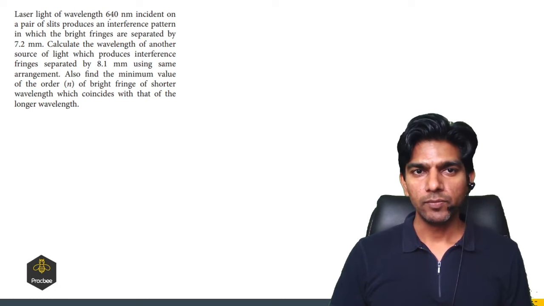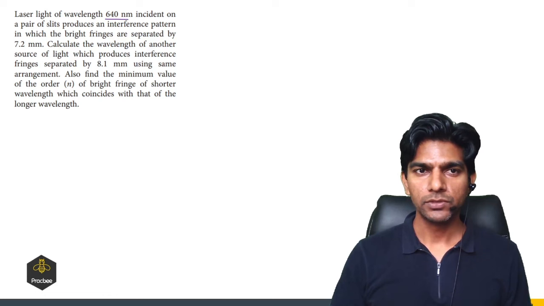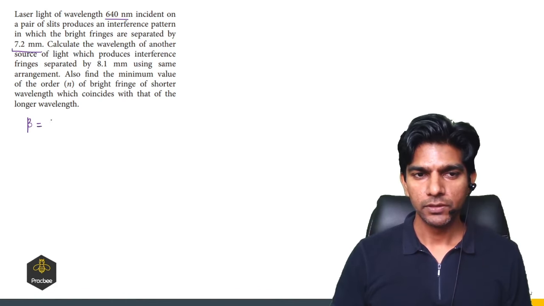Now, laser light of wavelength 640 nanometer incident on a pair of slits produces an interference pattern in which the bright fringes are separated by 7.2 millimeters. So basically 7.2 is nothing but the fringe width. So D lambda by small d is given as 7.2 millimeter, and lambda is given as 640 nanometer.